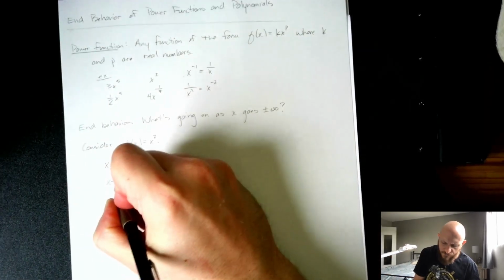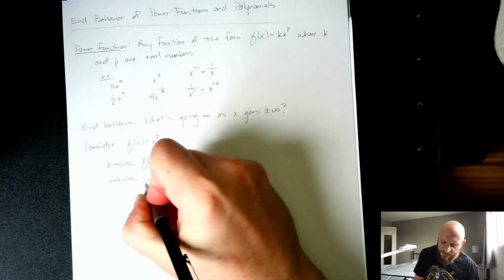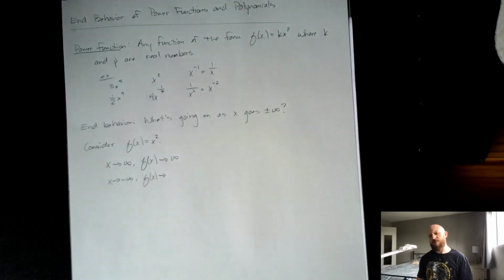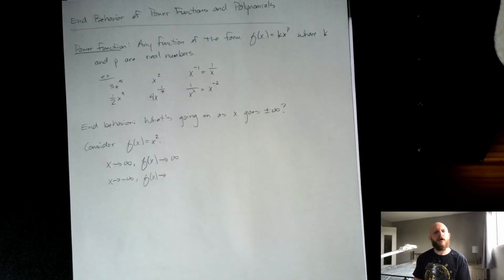How about as x goes to negative infinity? What does f of x do? Again, think about it for a second. What is some somewhat large number in the negative direction? Maybe choose something like negative 10,000. What is negative 10,000 squared? It's really large, but is it really large and positive or really large and negative? It's really large and positive, because negative 10,000 squared is negative 10,000 times negative 10,000.